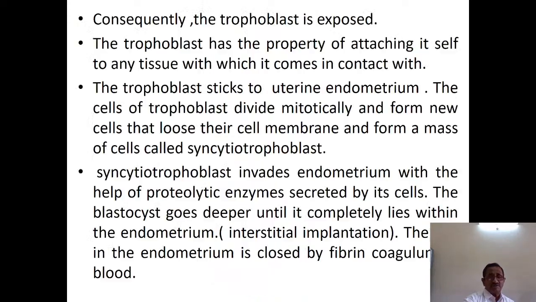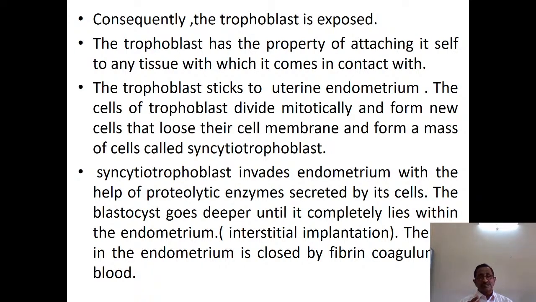Once this zona pellucida disappears, the trophoblast is exposed to the endometrium, that is the decidua of the uterus. This trophoblast has the property of attaching itself to any tissue with which it comes in contact. So till now, as the zona pellucida is covering this trophoblast, it is not able to stick to the uterine tube or the first part of the uterus, the interstitial part.